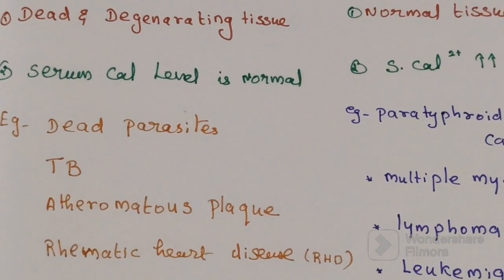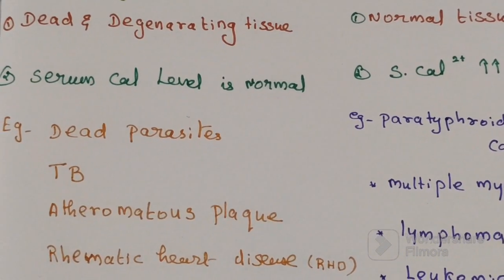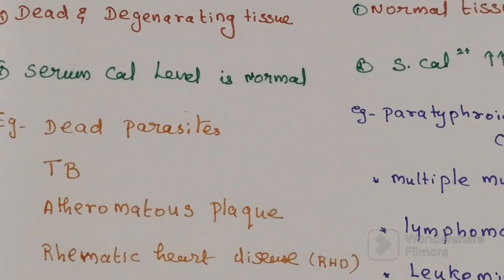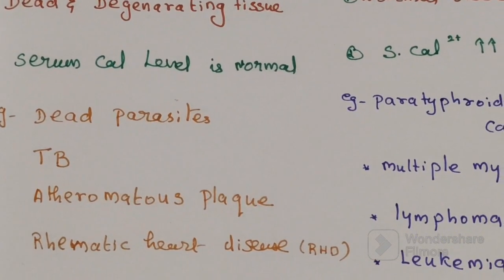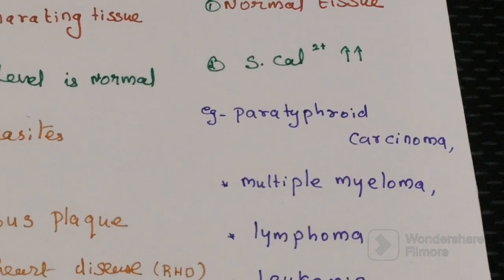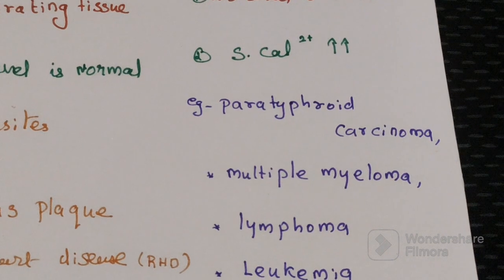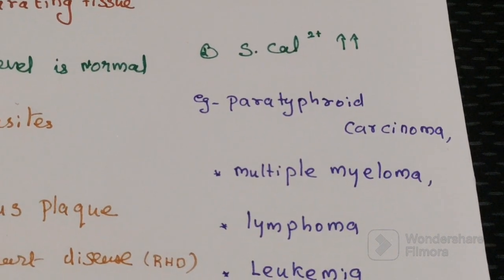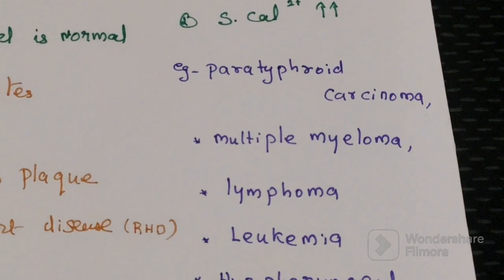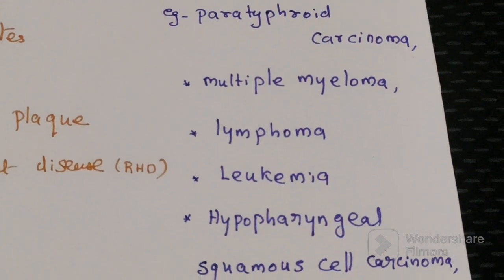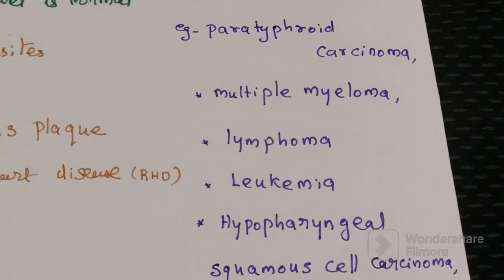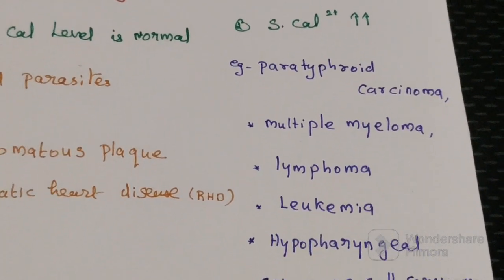These are the examples of dystrophic calcification: dead parasite, tuberculosis, atheromatous plaque and rheumatic heart disease. Then examples of metastatic calcification: parathyroid carcinoma, multiple myeloma, lymphoma, leukemia, hypopharyngeal squamous cell carcinoma. These are the examples.